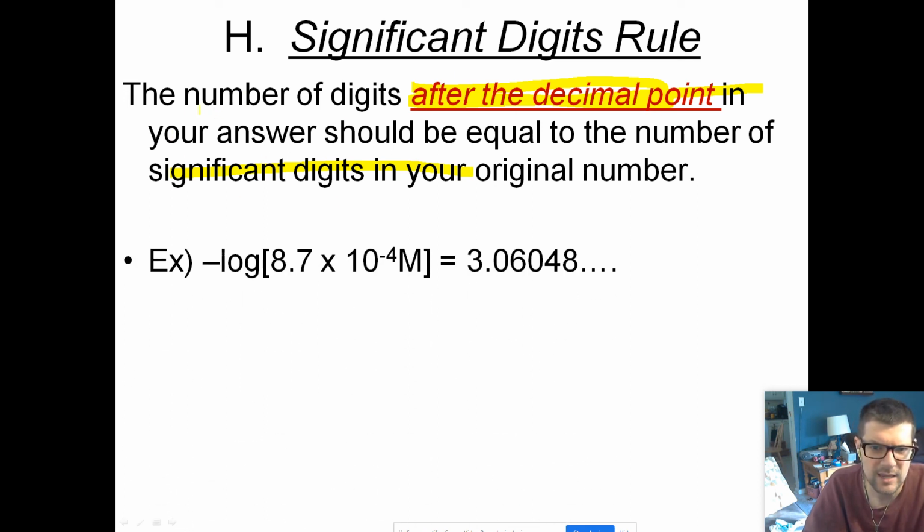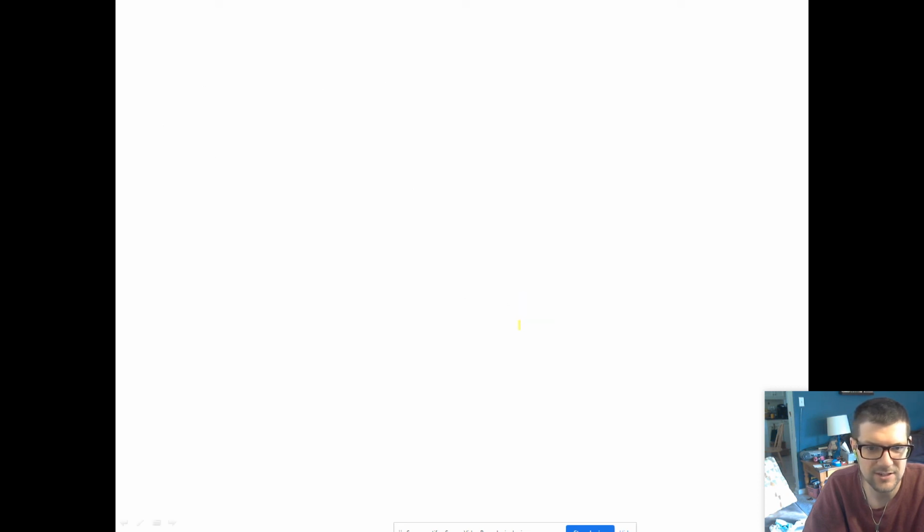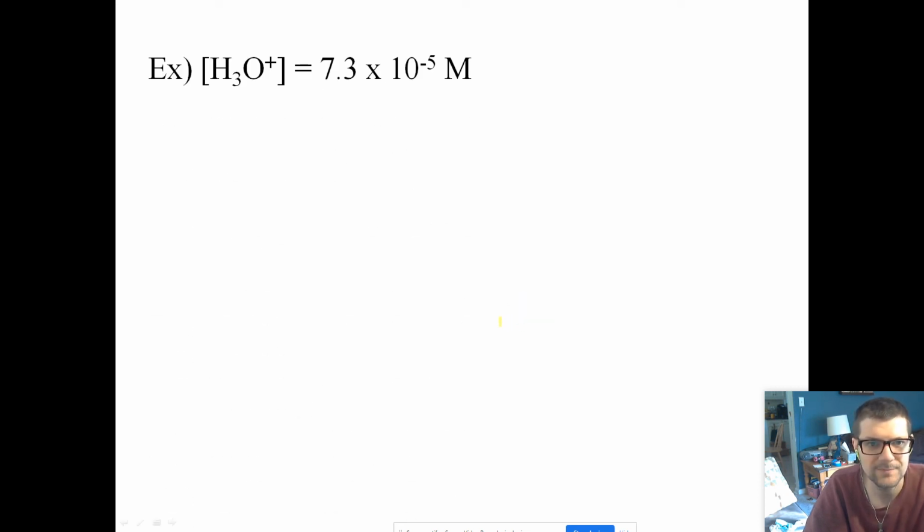So 8.7, right, has 2 significant digits in the original number. And so what we're going to do is after we take the negative log of that, we're going to round it off to 2 digits after the decimal. So we take the digits in the original number that we're taking the log of, and then we're going to put that many digits after the decimal. So that's the rule for that.